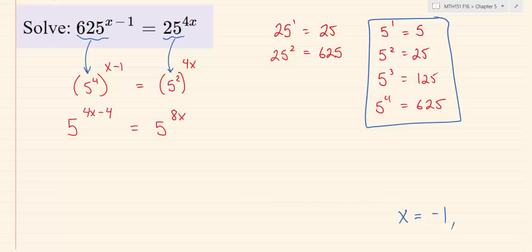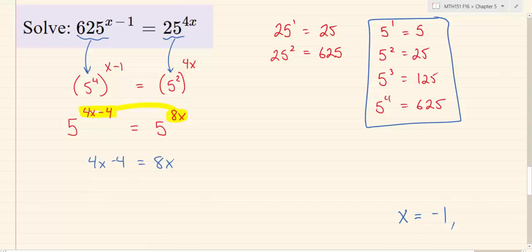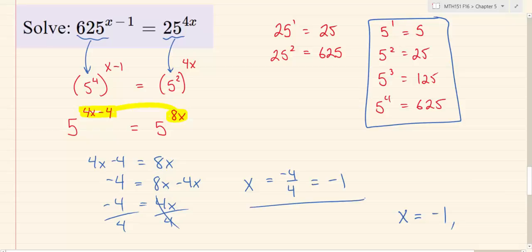And now you have a common base. So that means the exponents are equal to each other. So we have 4x minus 4 equals 8x. Shuffle some things around. Negative 4 equals 4x. Divide both sides by 4. X equals negative 4 over 4, which is negative 1.